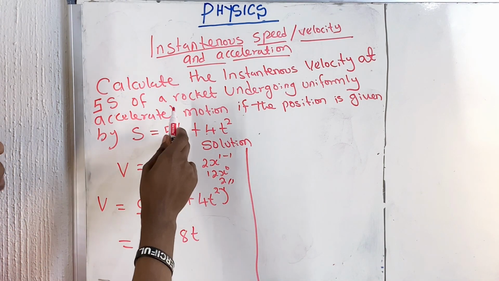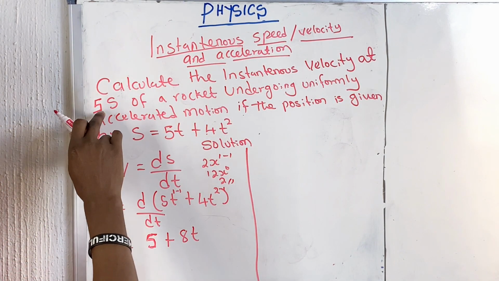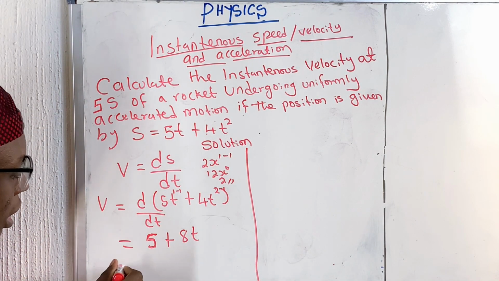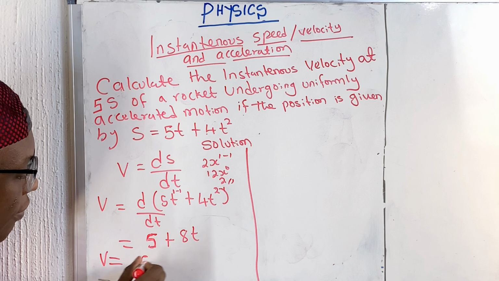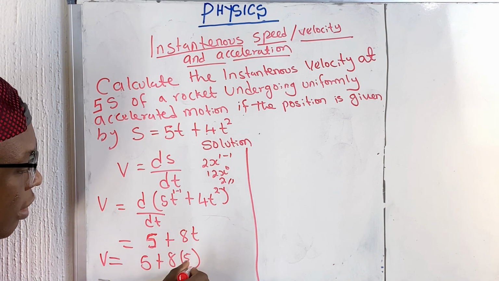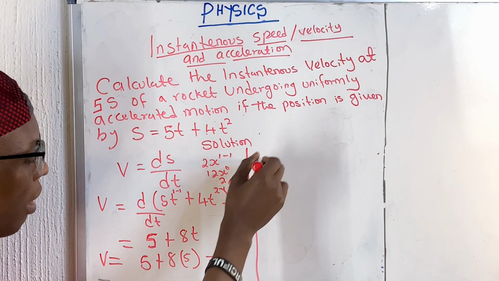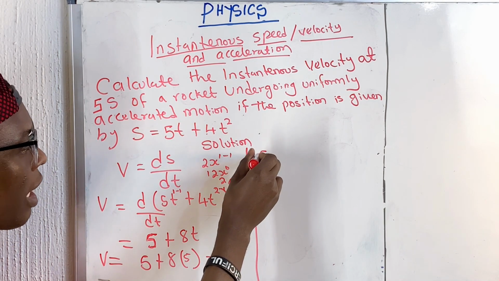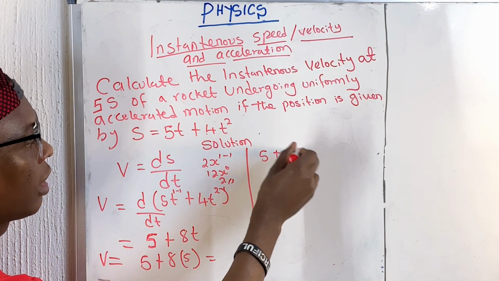Now, in the question, we were given the time. They say, what is the instantaneous velocity at 5 seconds? So we will go on to fixing the value. V, therefore, will be 5 + 8(5). So our final answer will be 5 plus 8 times 5, which is 40.